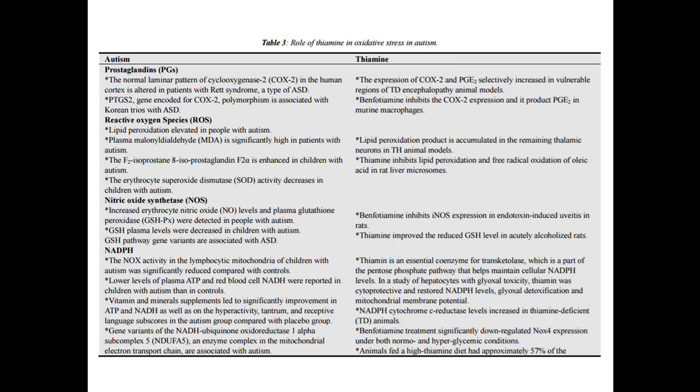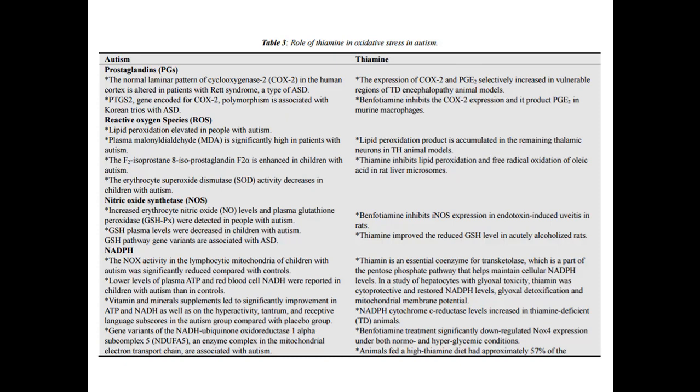Oxidative stress can be very damaging to neurons, and we see here that benfotiamine, which is my preferred form of thiamine that I recommend in my practice, inhibits COX-2 expression, and COX-2, as you may or may not know, is an important part of the inflammation process, and inflammation we want to reduce in many cases with autism.